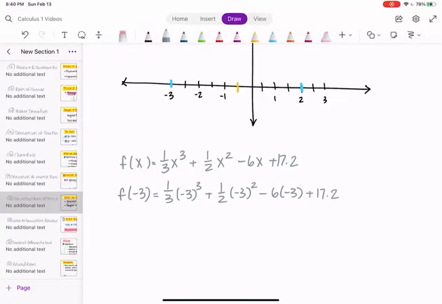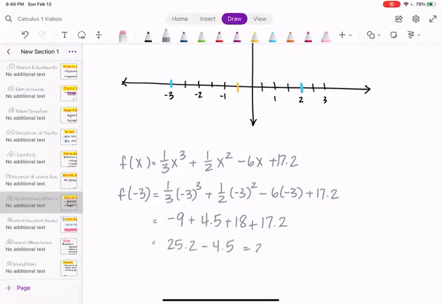And that's going to give me -9 plus 4.5 plus 18 plus 17.2. That'll work out to, let's see, 18, that'll be 25.2 minus 4.5.